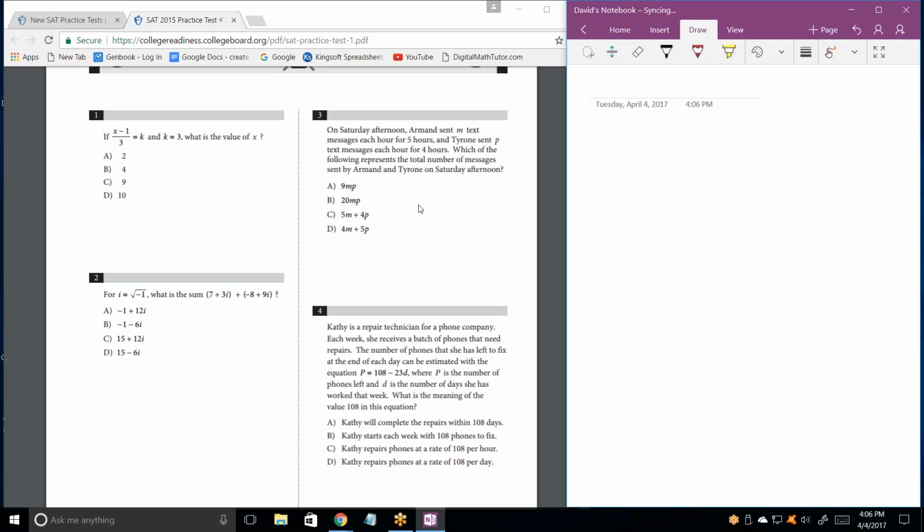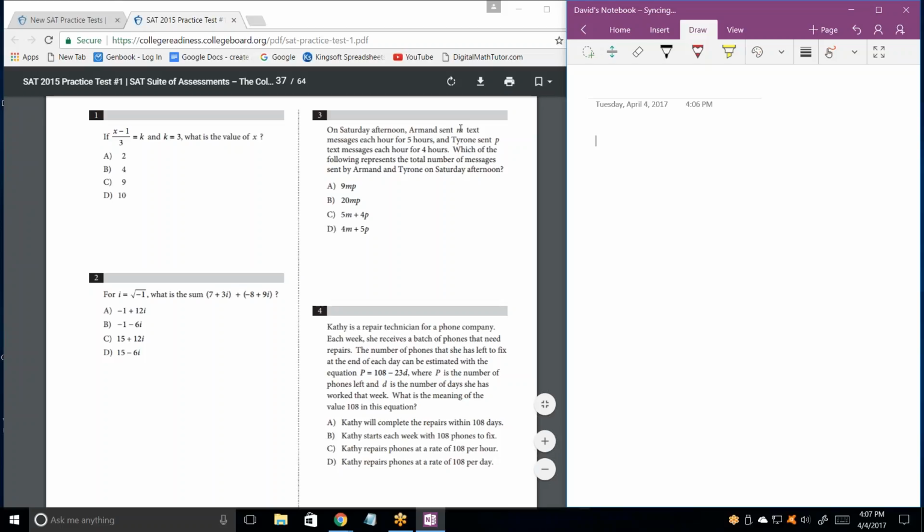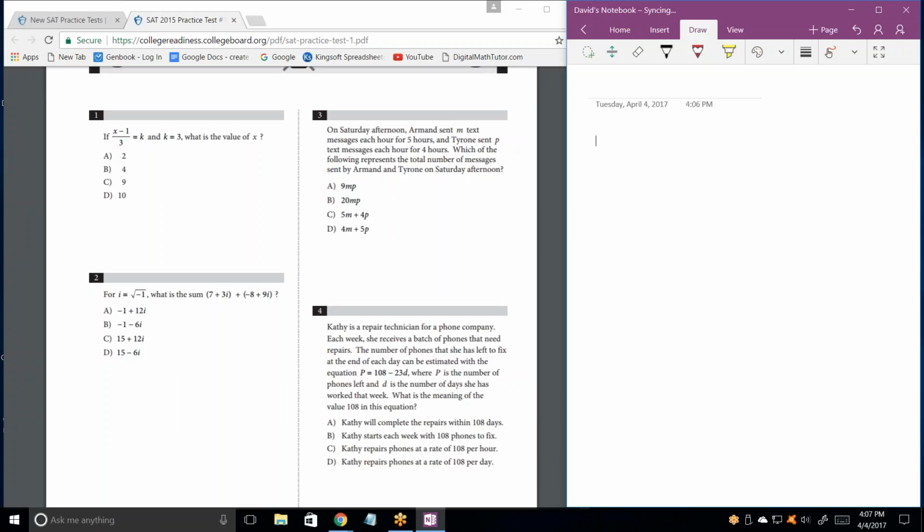So there's a thing you look for: when you have variables in the statement and the same variables in each answer. We're looking at an M and a P in the problem, and M's and P's in every answer. What that means is you can let M and P be any numbers you want.